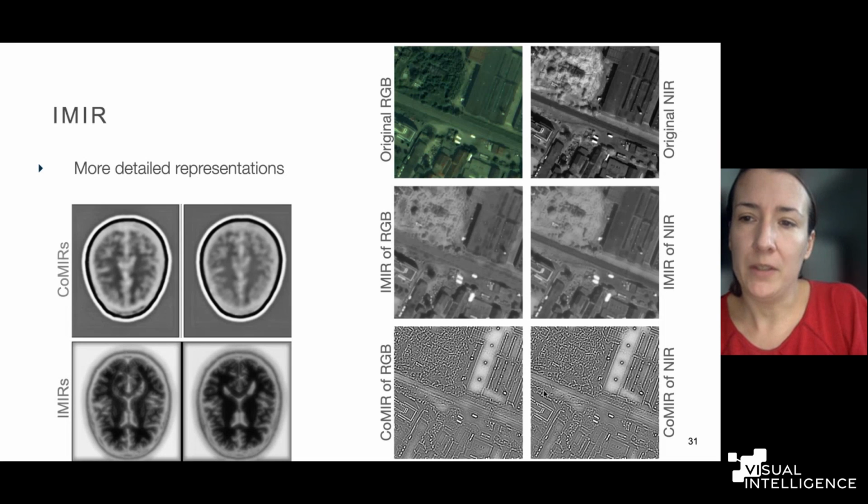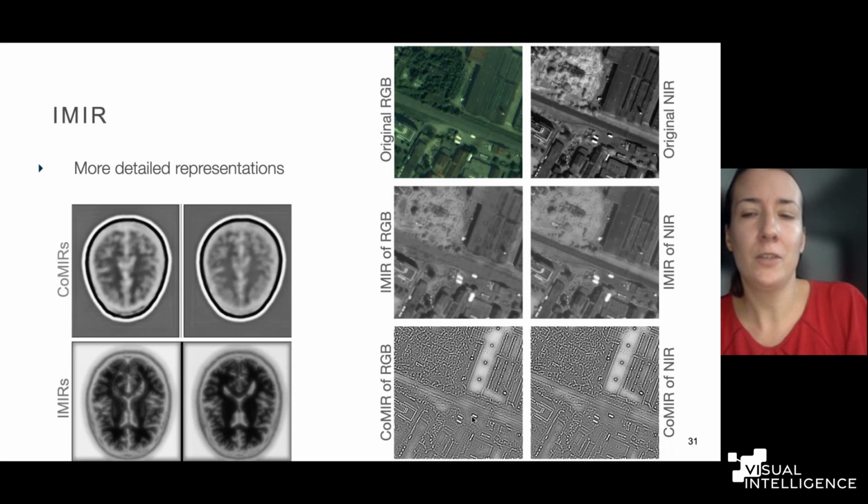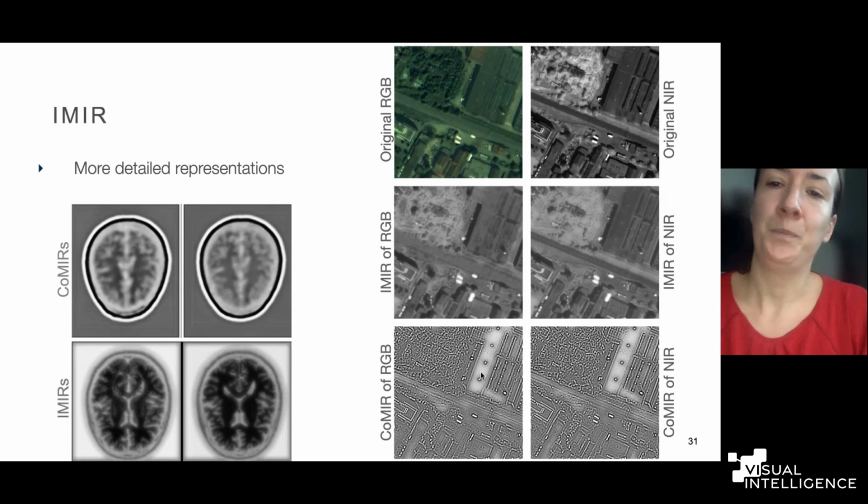And one thing that you can see with the Comirs is that it kind of favors these blobby structures. It creates round structures if it can, which I think is from this rotational equivariance, since something round will definitely be rotational equivariant, so it's a safe bet.